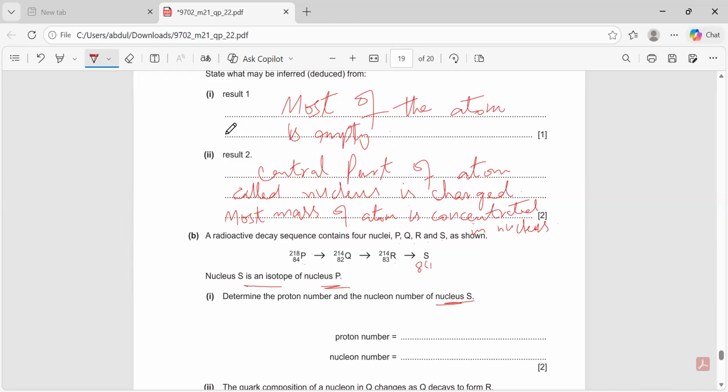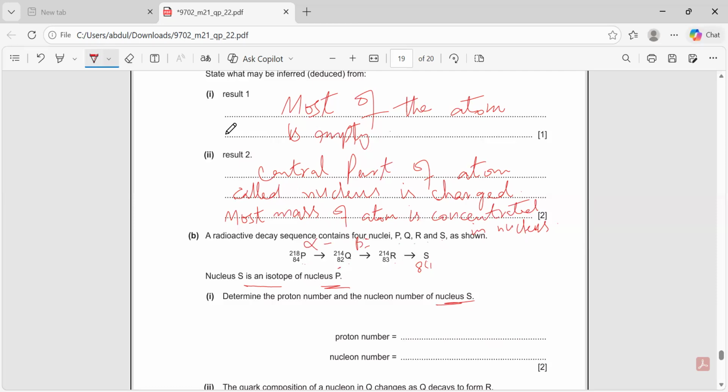Even we can say one thing. There is a decay. So 84 to 82, the charge number is decreased by 2. It means here it was alpha decay. Then 82 has become 83, so there is beta minus decay.